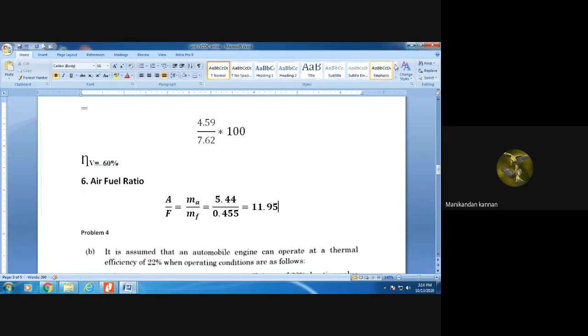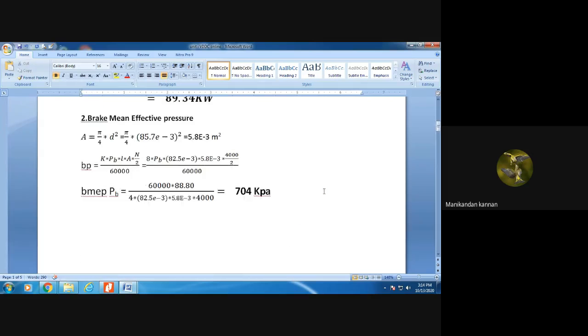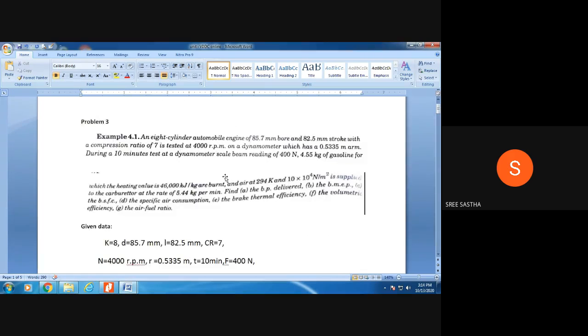11.96. So see, this is a very lengthy problem and it involves calculation of most of the parameters. When you are able to solve this problem, for any model related to this, they will only change the values, but the concept will be simple. For example, air fuel ratio is given by mass of air and mass of fuel. If mass of air is not given, you can't find volumetric efficiency and air fuel ratio.